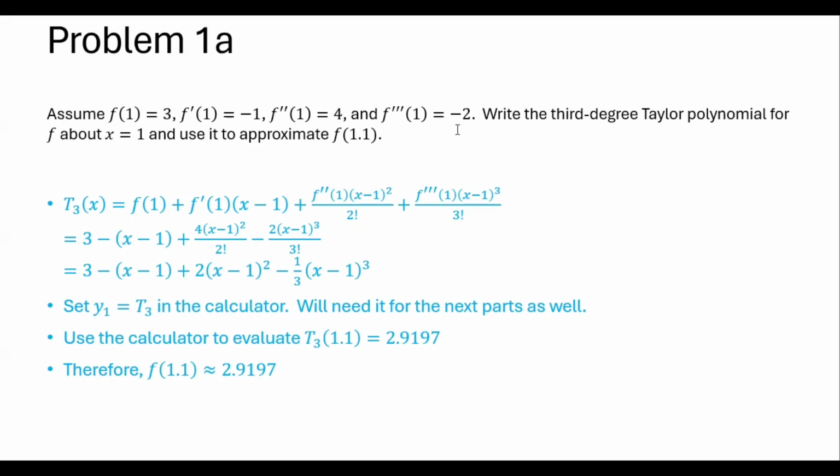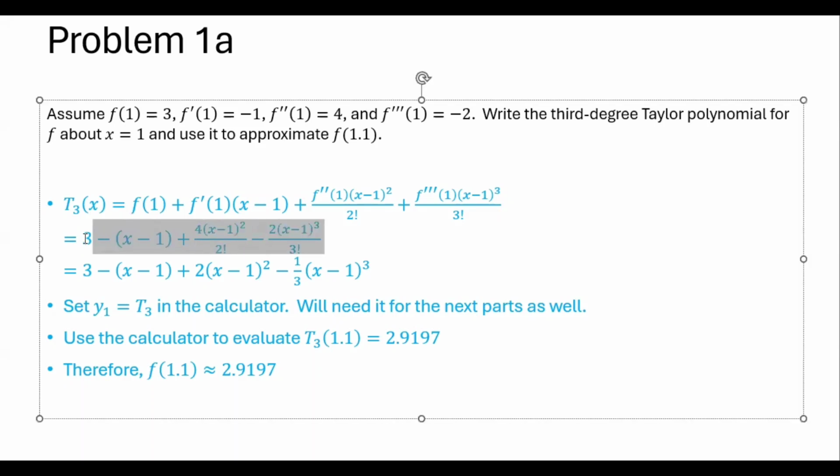All right, so let's find it. This is the formula for the Taylor polynomial, centered at 1. We need f of 1, which is 3, f prime of 1, which is -1, f double prime, which is 4, and f triple prime, which is -2. And then we can simplify a little bit. Honestly, in the AP exam, this line right here, let me highlight it with my cursor, this line should be sufficient.